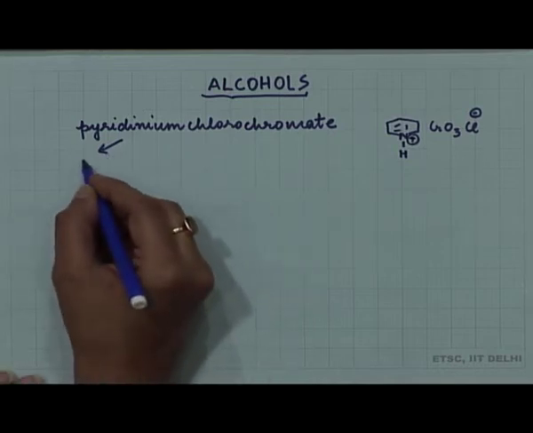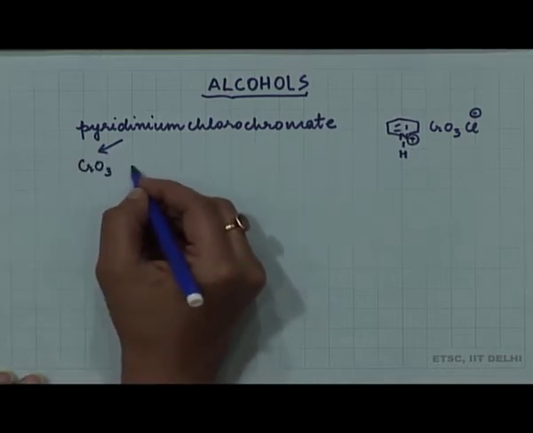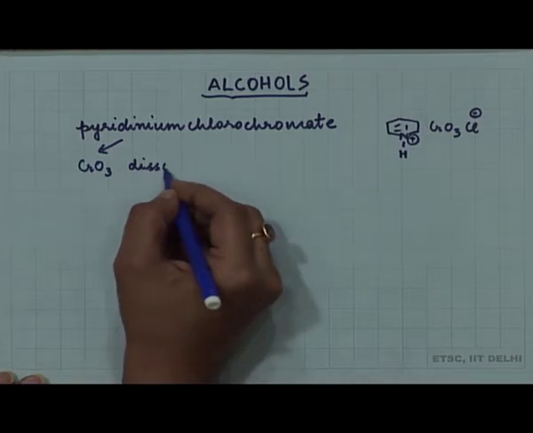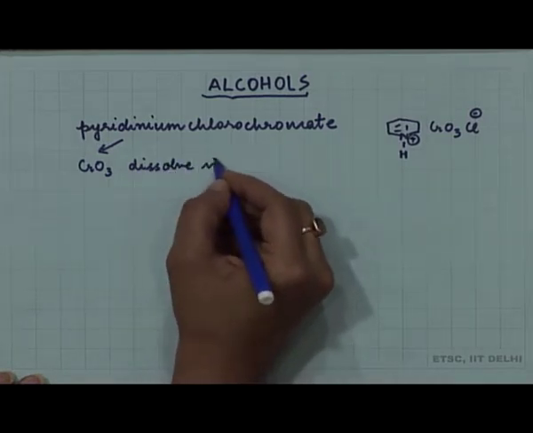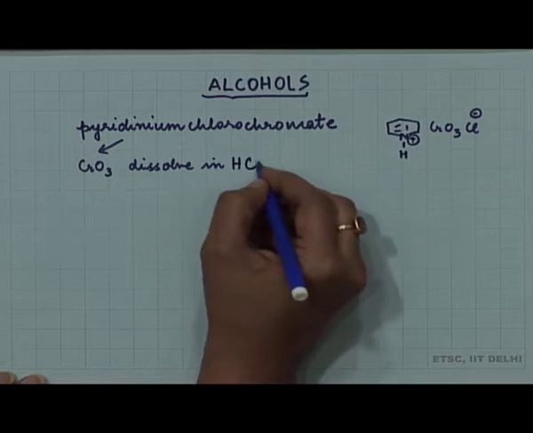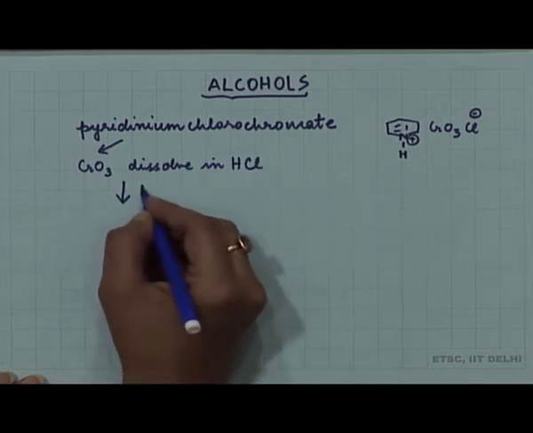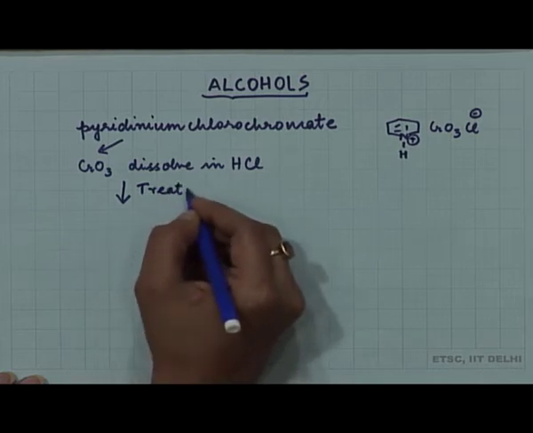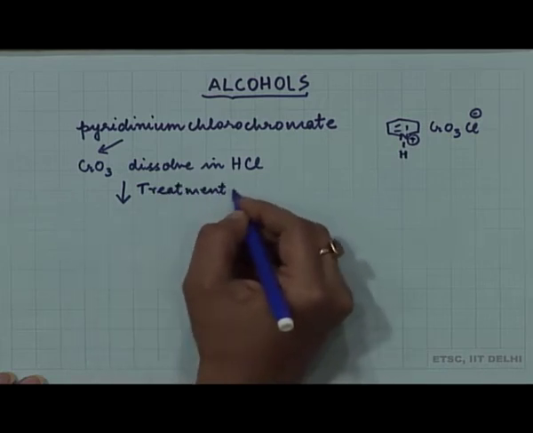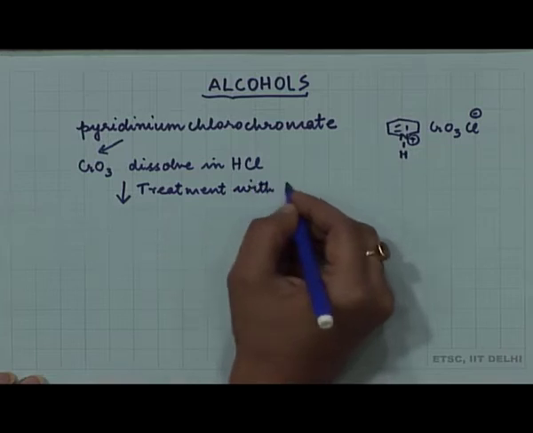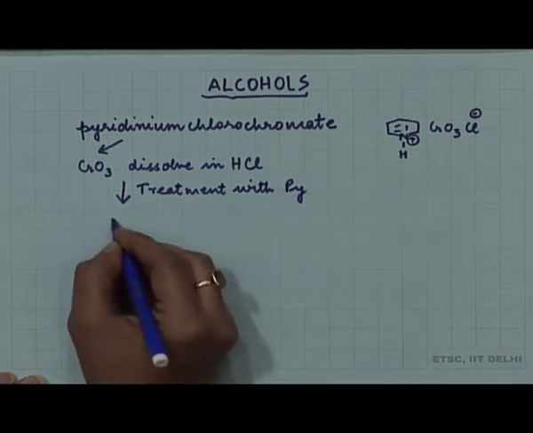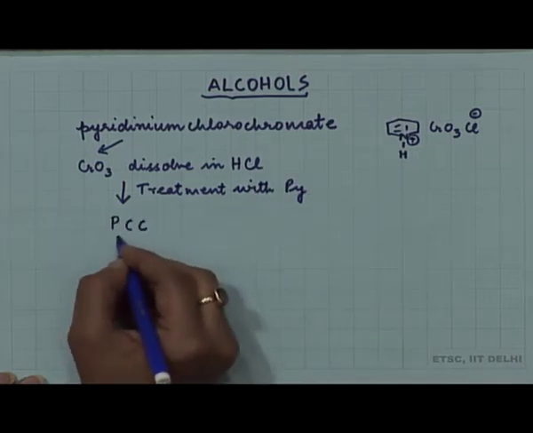For this, you take chromium trioxide and dissolve it in HCl, followed by treatment with pyridine. Subsequently you treat it with pyridine and eventually you get your compound, pyridinium chlorochromate.